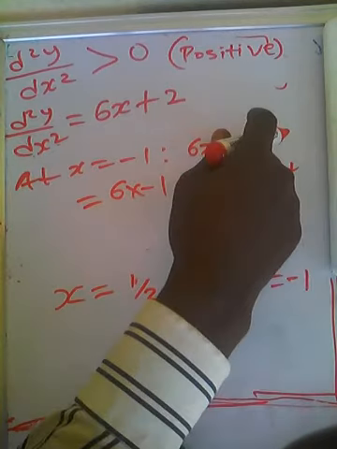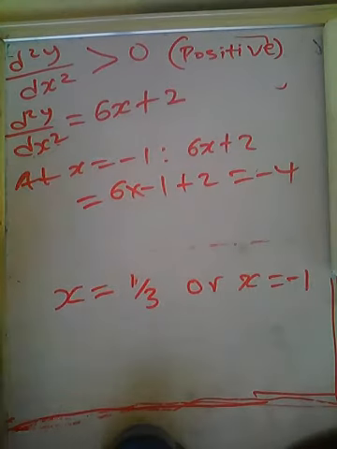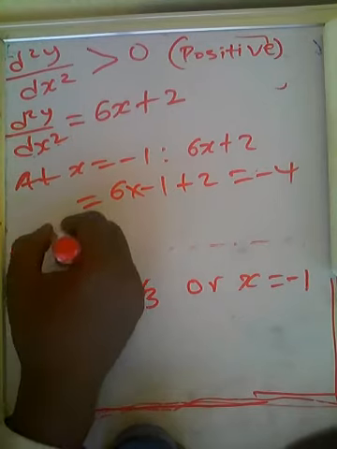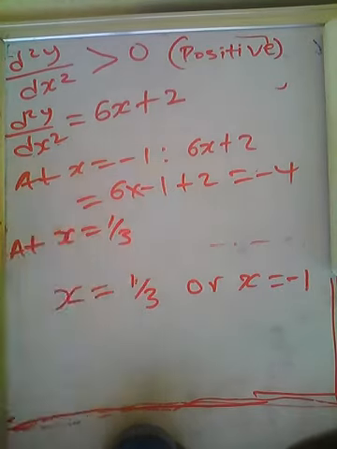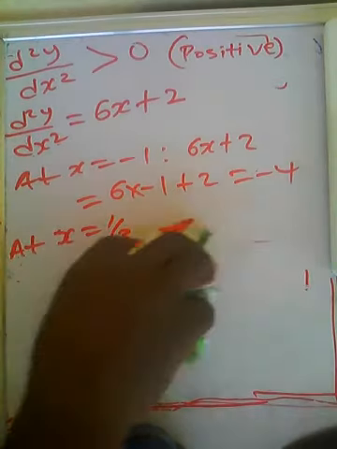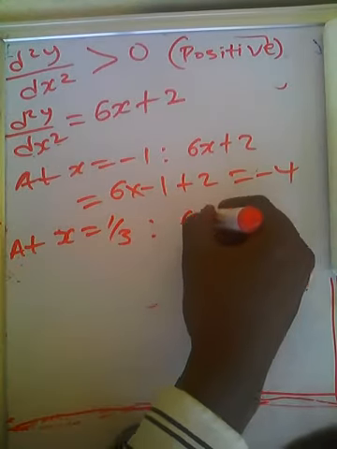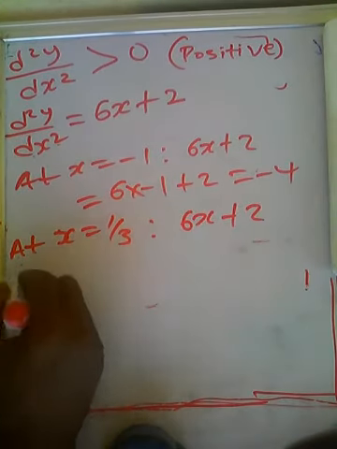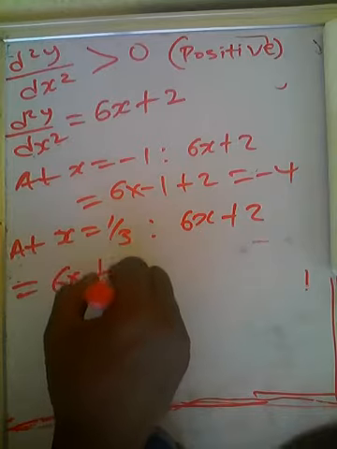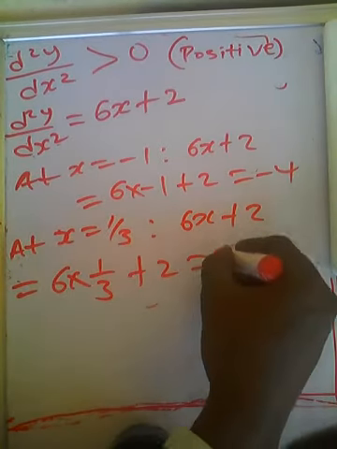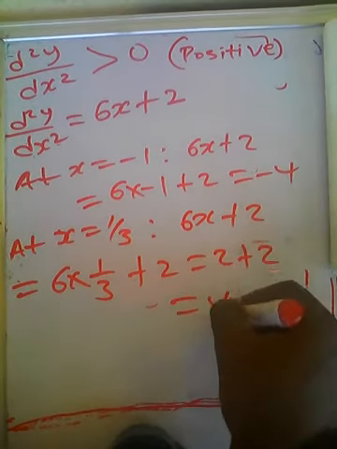So that is maximum, it is not minimum. Then at x equals 1 over 3, we have 6x plus 2 become 6 times 1 over 3 plus 2. And that is 2 plus 2, which is 4. So that is positive.